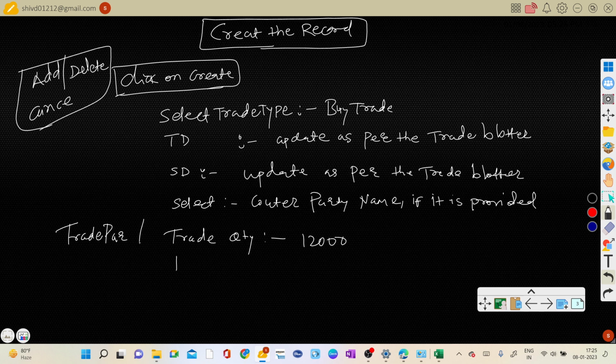So when we say loan, you wouldn't see the trade quantity, right? Then maybe price, let's say 100 rupees. Again, that is as per the trade blotter.